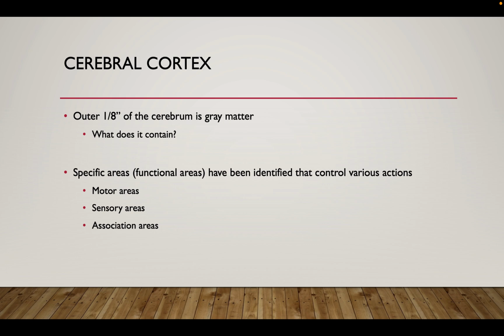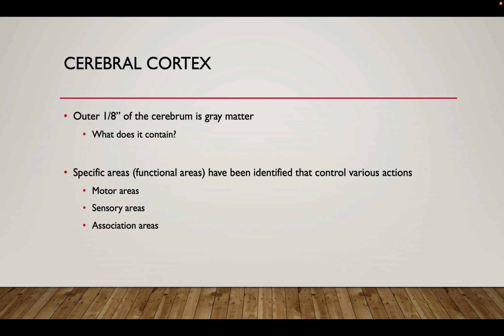Maybe it has to do with temperature, pain, smell, or our sense of vision. Whatever the sense happens to be, it is going to a sensory area in the brain, and we'll look at a particular functional area that is a sensory area in a particular gyrus.